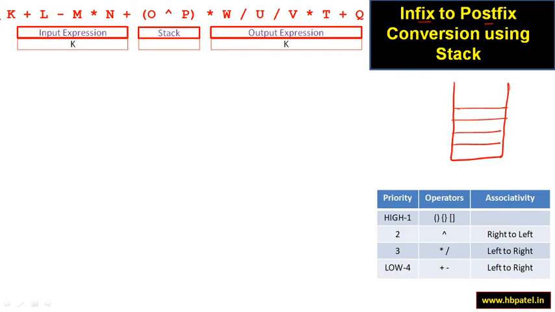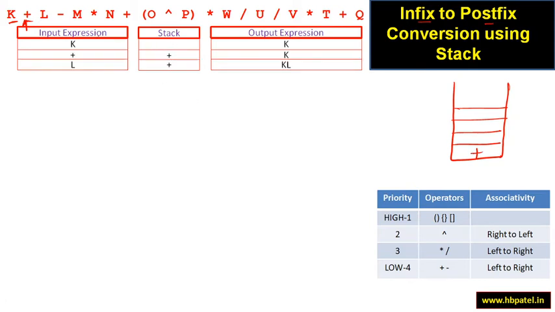The first character is an operand, so I put it in the output. Then comes the plus, so that plus I am pushing over here; plus is on the stack. Then comes L, so I put it in the output. Then comes minus. Now the moment I put minus, what will happen?